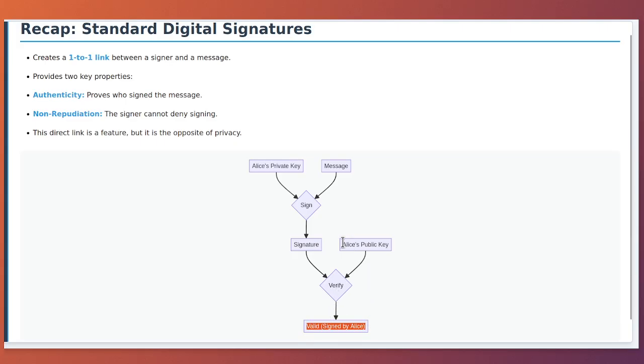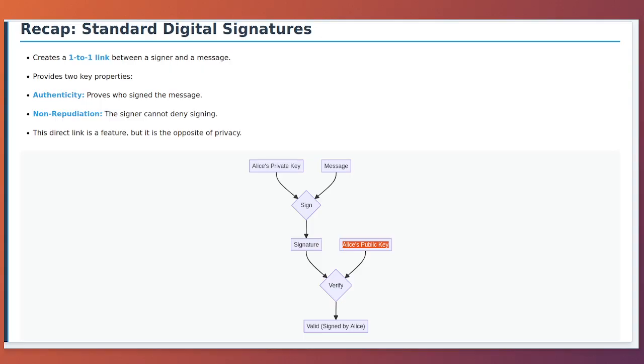As the diagram illustrates, this provides two crucial security properties. The first is authenticity. The verifier knows the message definitely came from Alice. The second is non-repudiation. Alice cannot later deny that she signed the message, as only her private key could have created that specific signature. This is fantastic for accountability.